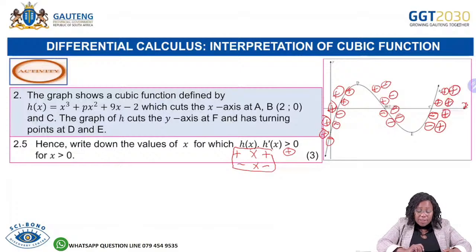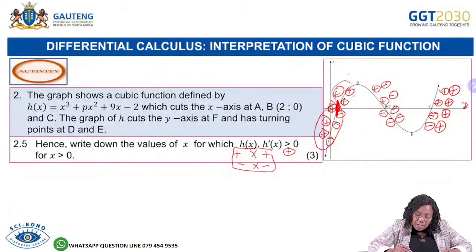Now we are going to identify, grade 12, where we have plus plus or minus minus. Okay, we can't take this here. Can you see it's a plus and minus? We can't. We need same signs, right? We start having the same from here. Can you see now? We have positive by positive here. That is between this A value here, which is 2 minus square root 3, and your turning point D. We said that D is taking 1 here.